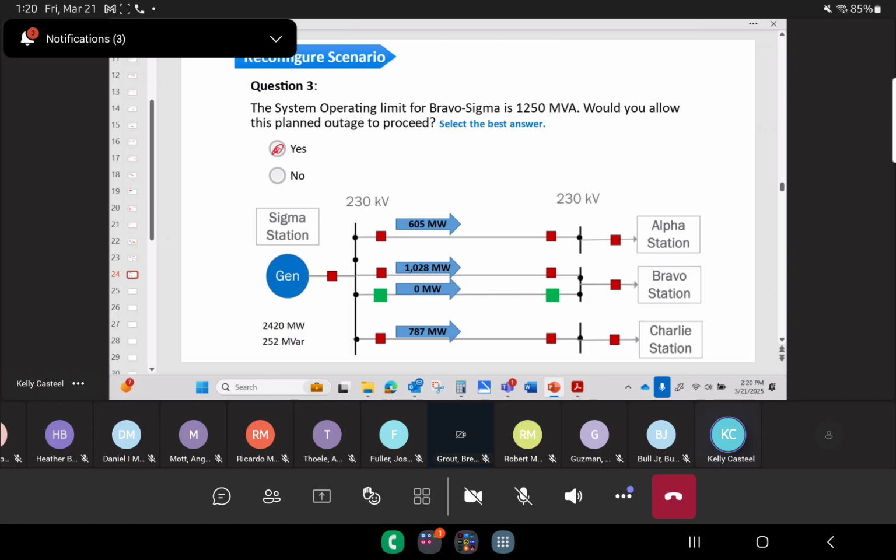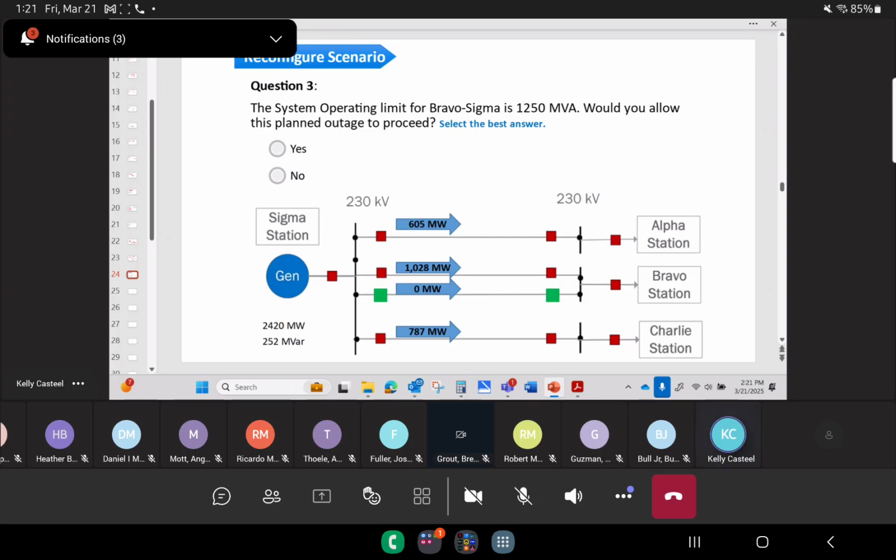From a company specific standpoint, you may have company specific procedures that would say, if this is going to load up to 80% or greater or 90% or greater of the SOL, then you wouldn't approve it. But that would be a company specific procedure.